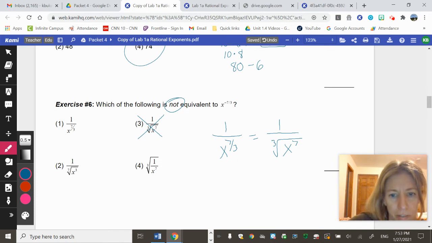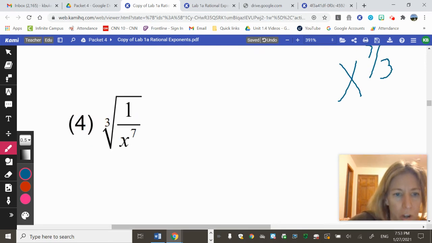1 over x to the 7/3. I didn't realize that was on there. That was my first step I did. And then between 2 and 4, well, I can't just switch the root and the power. Okay, so this is looking like my answer. But maybe you're confused by this. Okay, so if the whole thing is a cubed root, this whole fraction, I can separate that and do the cubed root of 1 and then the cubed root of x to the 7th on the bottom.